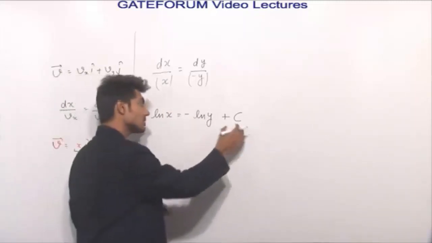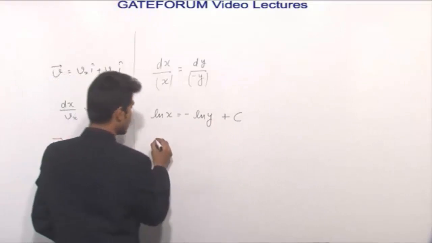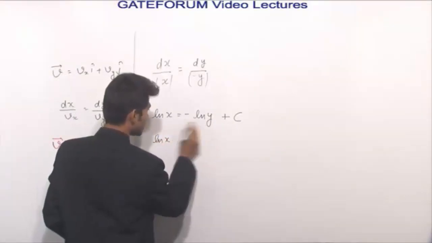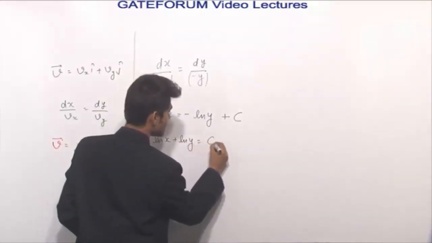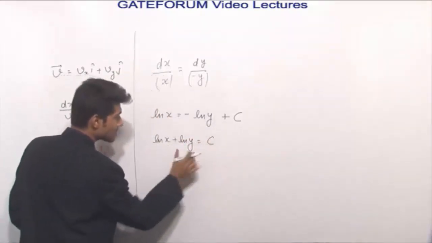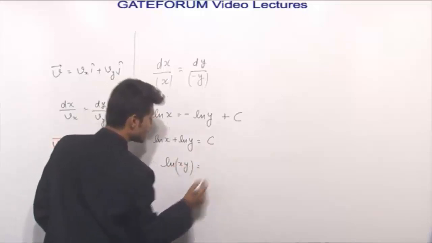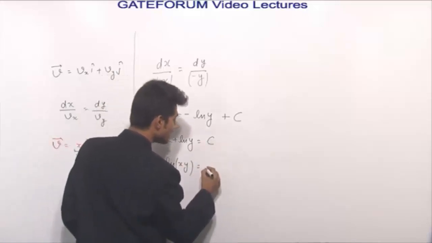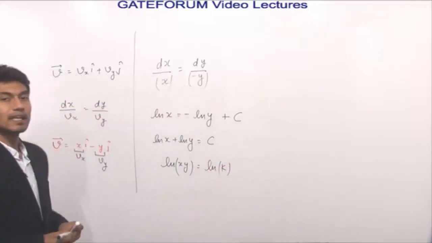For this constant there is a constraint given in the question. Now if I take this term on left hand side, it will be ln x plus ln y is equal to some constant. Ln x plus ln y will be equal to ln xy is equal to some constant. Can I write this constant as ln k, so that it will be very convenient?